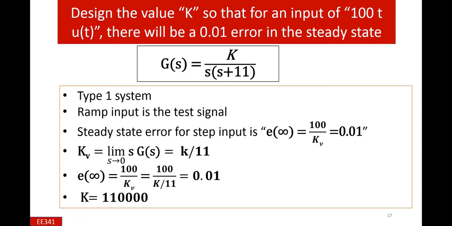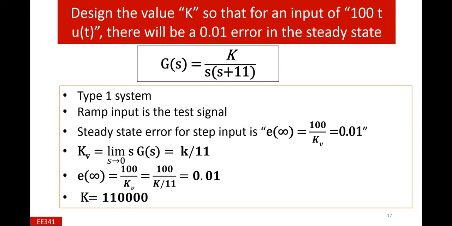In this case it is the velocity constant, but usually we take the unit ramp, but in this case the slope is 100. So we change this definition accordingly.